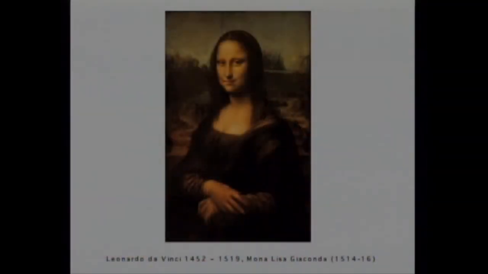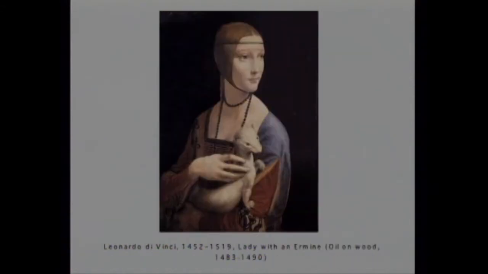And at what stage of their life did they make the piece? At what stage did he paint Mona Lisa? He was in his 60s, and the Lady with an Ermine, he was in his 30s.